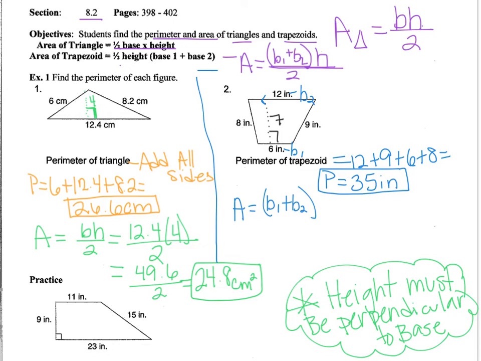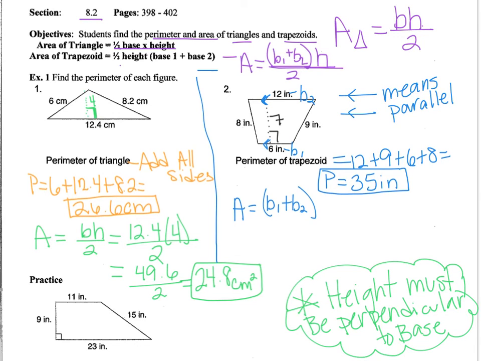Something to note, how do I know which ones are the bases and which ones are not? The bases are parallel. So whenever you see a little triangle like that, that means parallel, which is good for us to know because the bases have to be parallel. All right, so that's why I knew B1 and B2.